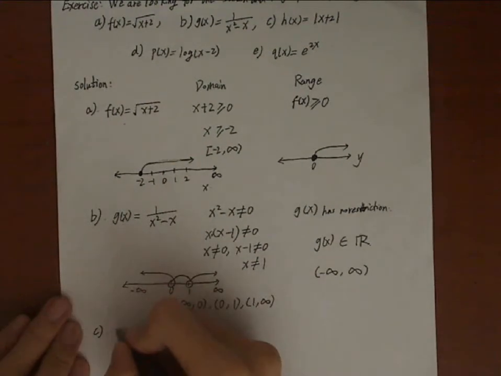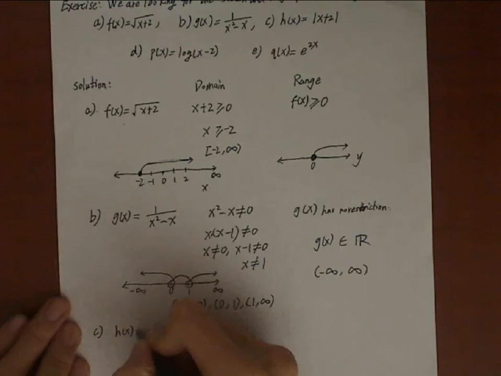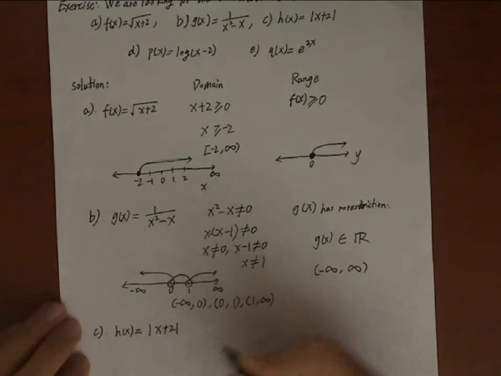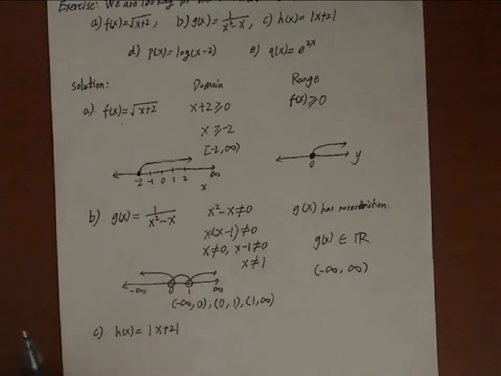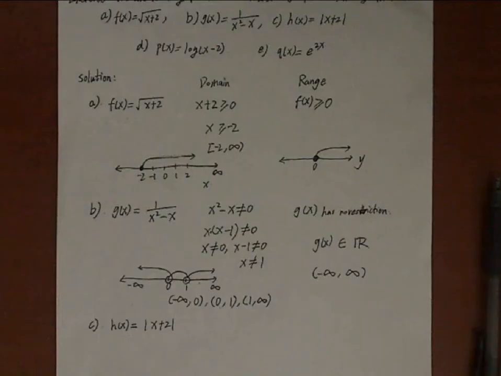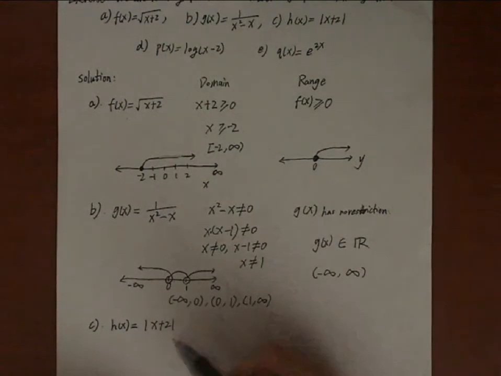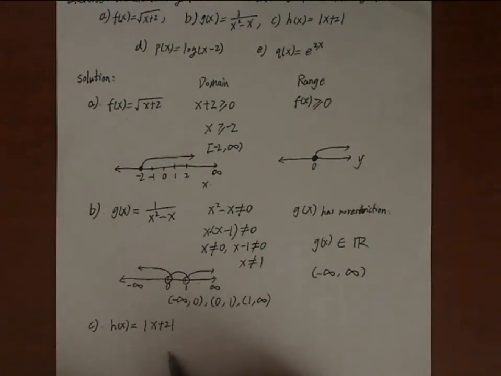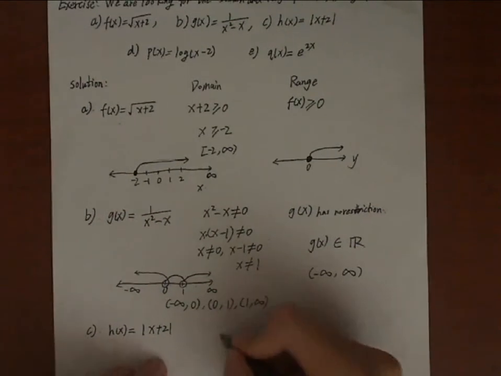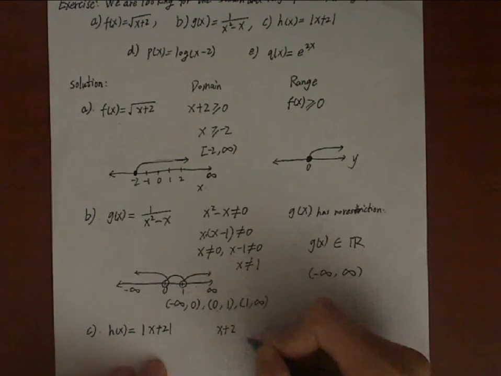C, we got h of x, and that's bounded in the absolute value sign. Alright, so we got this absolute value function. So what we're dealing with is x plus 2 inside the absolute value sign. But what's the value of x plus 2?